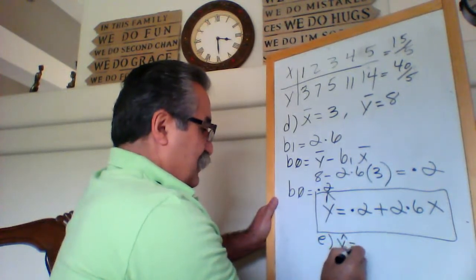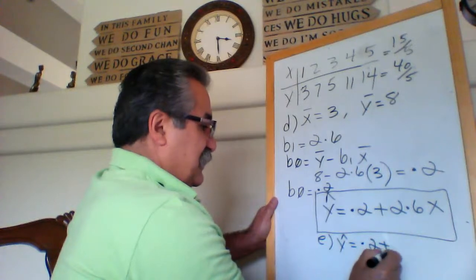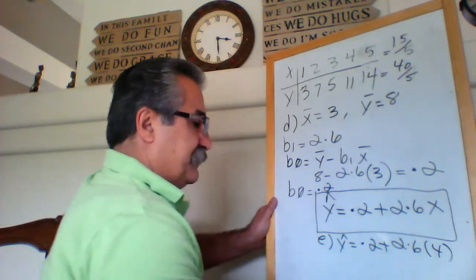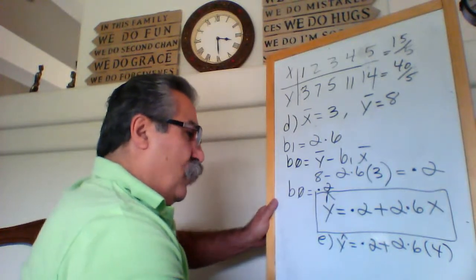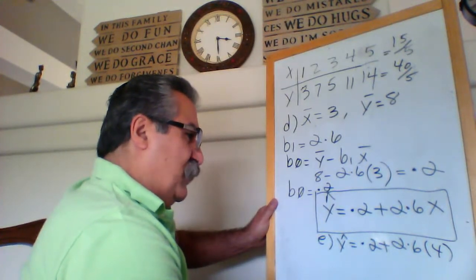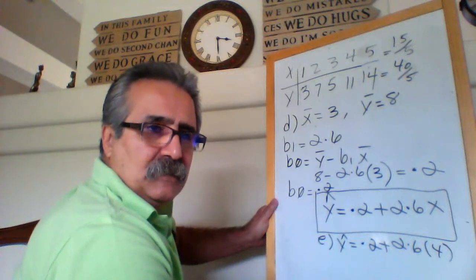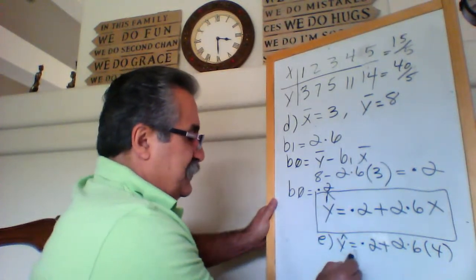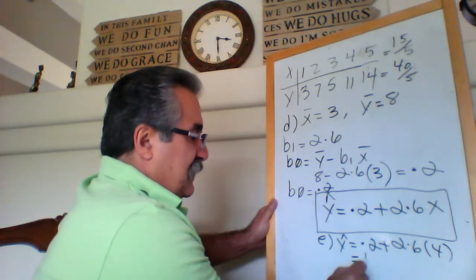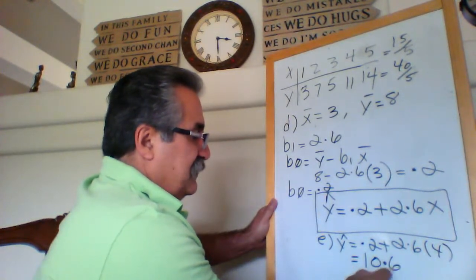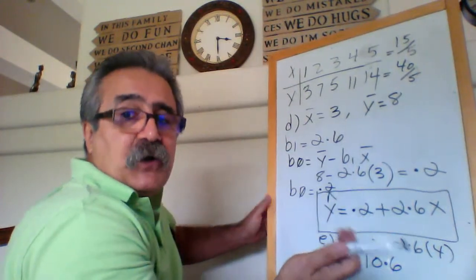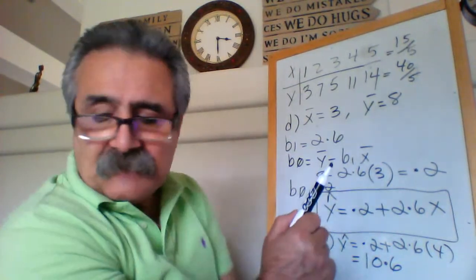Y hat is equal to 0.2 plus 2.6 times 4. 4 times 2.6 is 10.4. 10.4 plus 0.2 is 10.6. Here it says 11. Close enough.